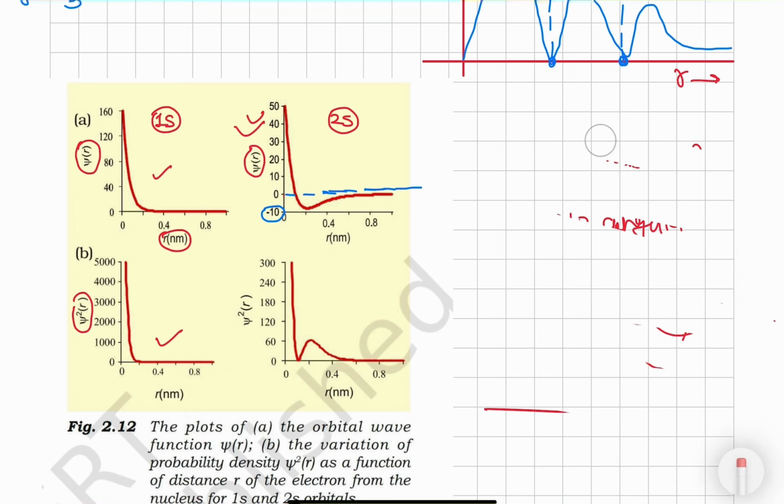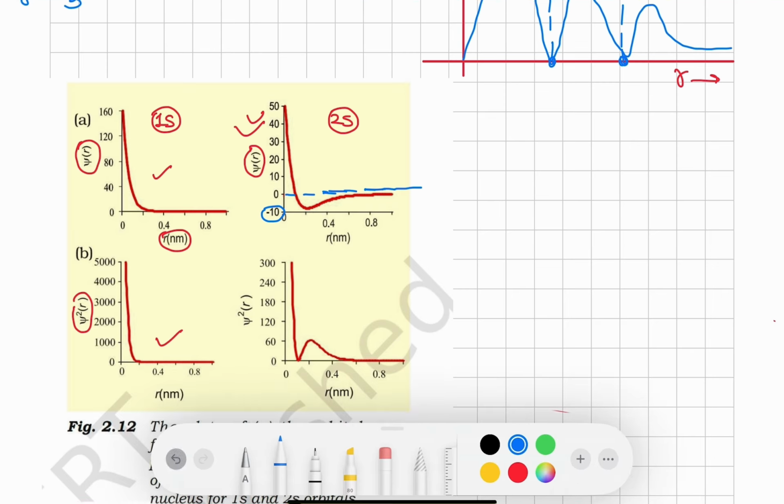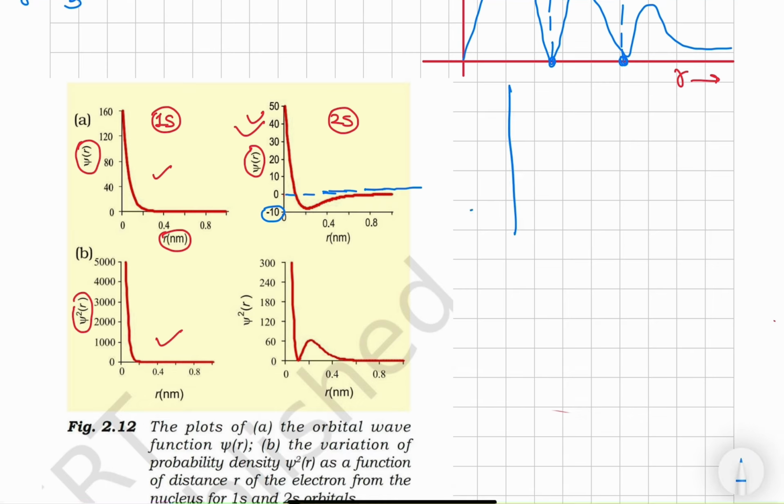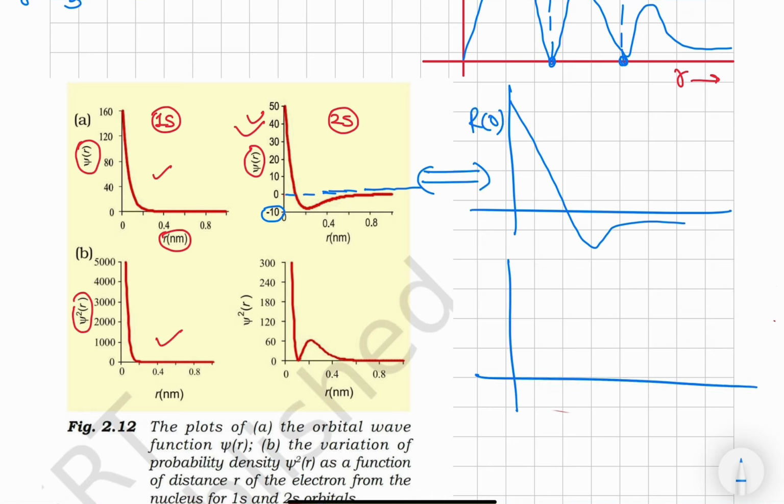Why? Because for 2s orbital, for 2s, one cut, we will draw the graph like this. Watch it. These are both the same. And for r square versus r, this graph will be R r versus r. For r square R, this graph will be this.